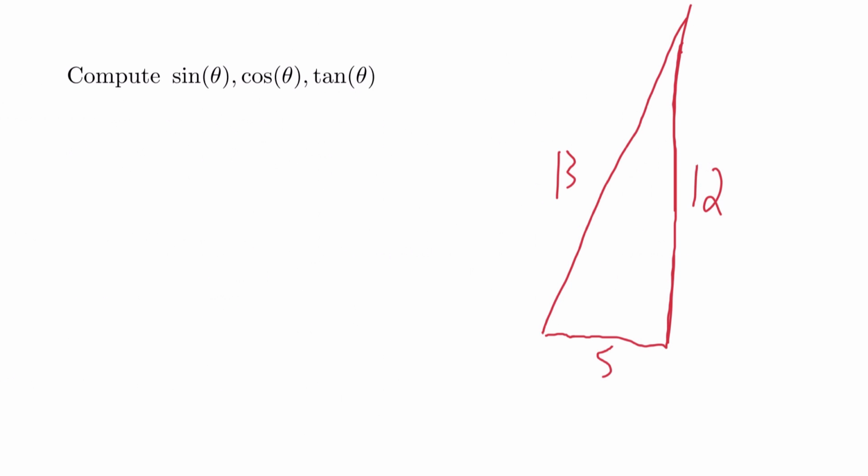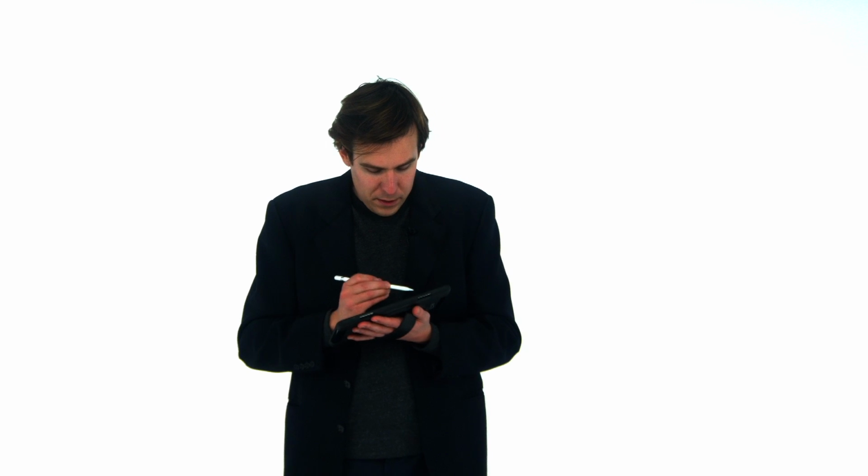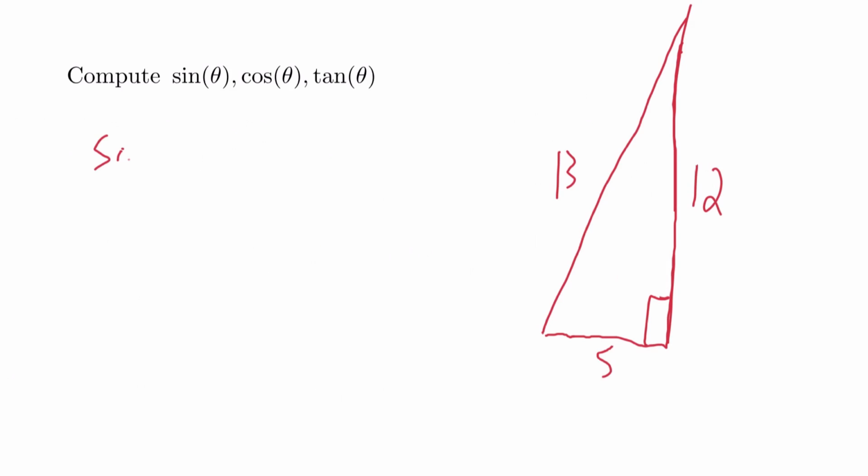So let's look at one that's 13, 12, and 5. And an important question for those of you who are really paying attention is, are these actually side lengths of a right triangle? Do they satisfy the Pythagorean theorem? The answer is yes. 5, 12, 13 can be lengths of a right triangle. So again, we'll play the same game, just practicing what these definitions are. If this is theta, sine of theta is opposite over hypotenuse.